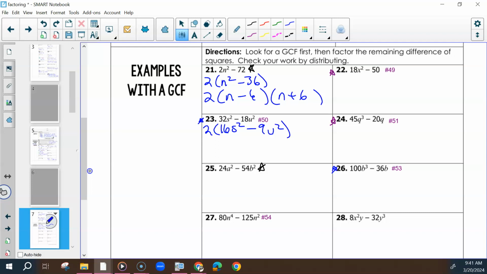Yes, which one? Difference of squares. So then what would those 2 factors be? 4s minus 3u and 4s plus 3u.